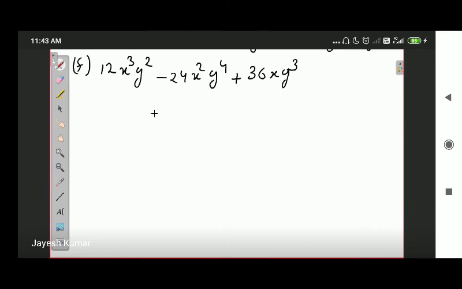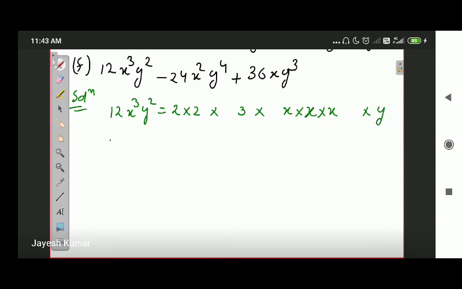We will find out its prime factors. 12x cube y square will be 2 into 2 into 3 into x into x into x into y into y.